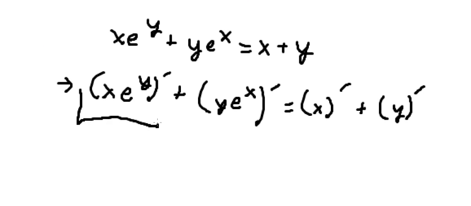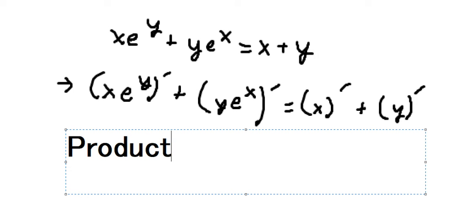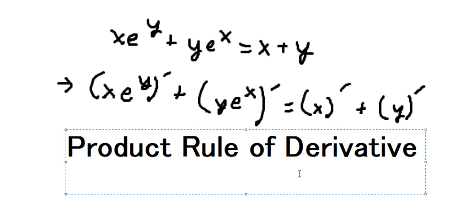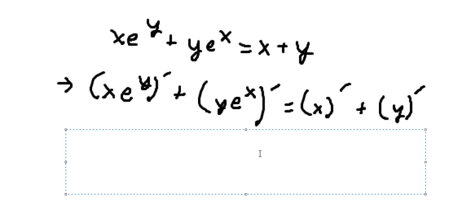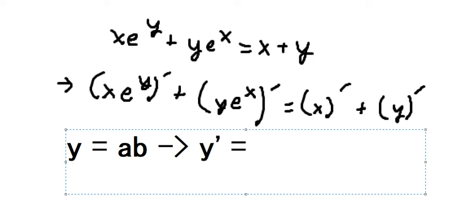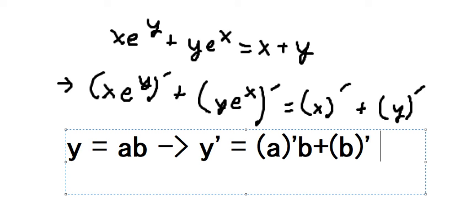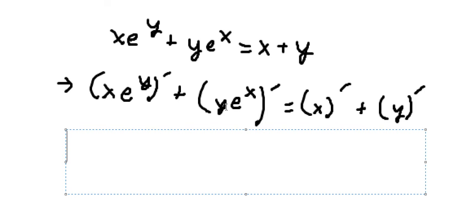So for this one in here, we can apply the product rule of the derivative. That means we have y equal to ab. So if we do first the derivative, we need to do first the derivative of a multiplied by b plus first the derivative of b multiplied by a. So we can apply the formula in here.